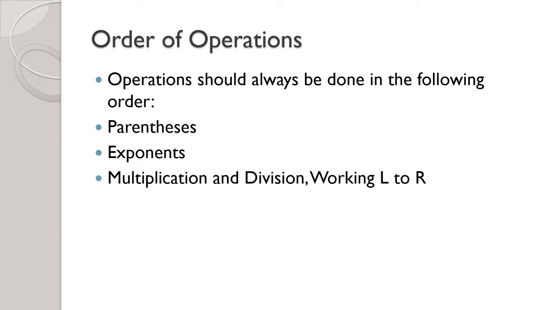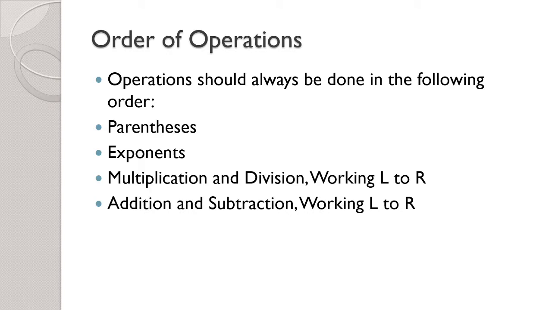After we've done all those, we do any multiplication and division that occur in the expression, and we always work left to right if there's ever a tie between two multiplications, two divisions, or any of those two. And then finally we finish by doing any adding and subtracting, and again we work left to right.